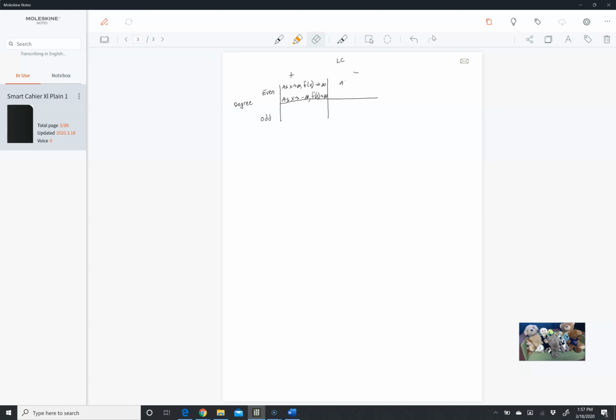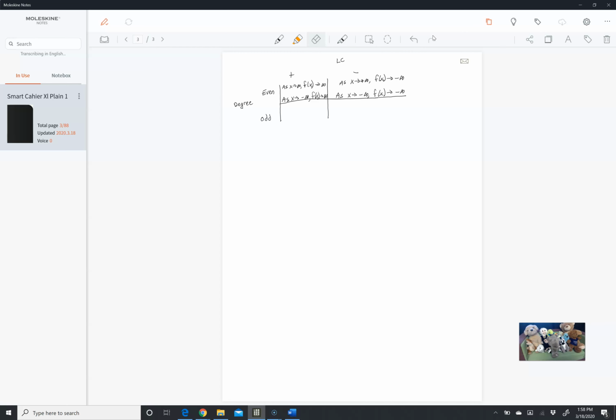As we go to the left, or I'm sorry, to the right, to positive infinity, we fall, so we go to negative infinity. And as we go to the left, we also fall, so we go to negative infinity.